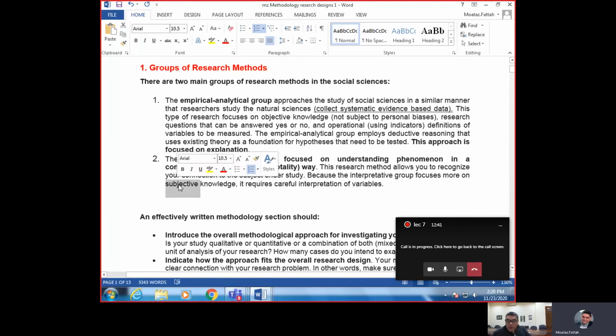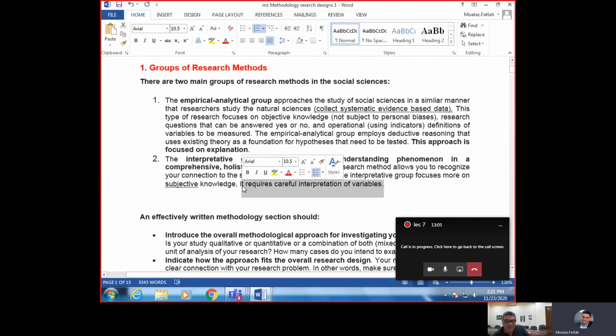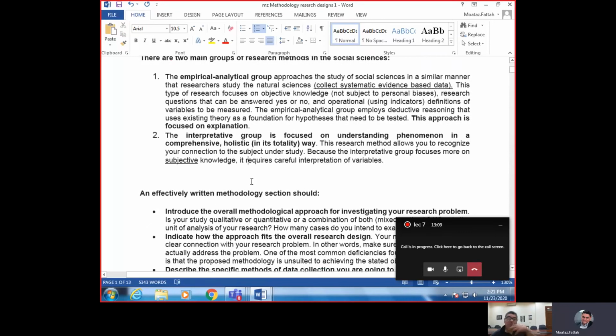So here we are more into subjective knowledge. You are important as a researcher. Of course, you are important in empirical analytical approaches as well. But your role and your biases here are extremely important. That's why it requires careful interpretation of variables, because you are part of the phenomenon you are trying to explain. You interact with the phenomenon, so you are part of it.